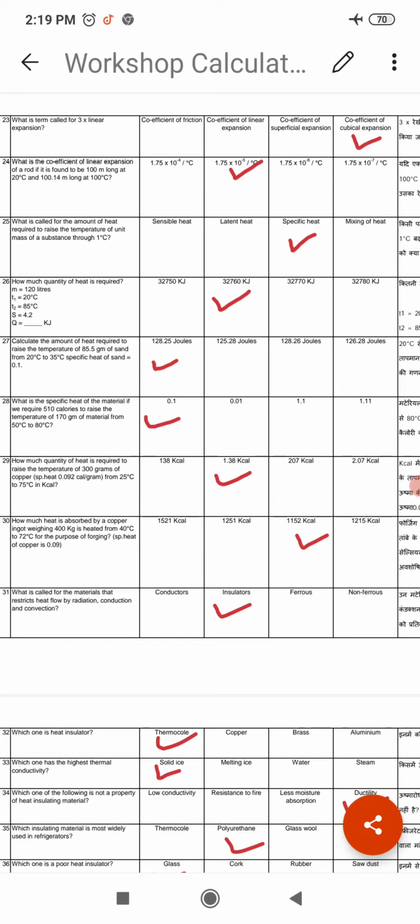How much quantity of heat is required to raise the temperature of 300 grams of copper from 25 degree centigrade to 75 degree Celsius, in kilocalorie? Its answer is 1.38 kilocalories.